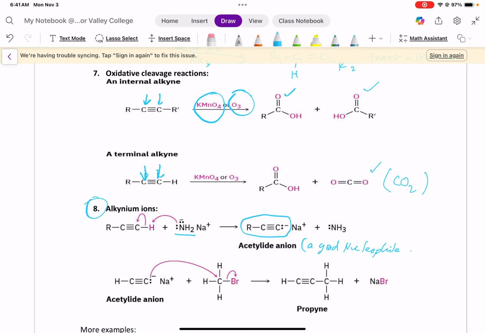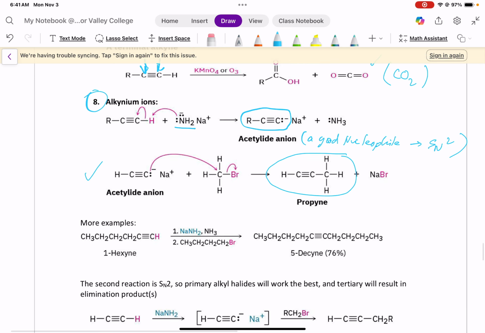A good nucleophile means SN2. And here we go. SN2, connect to the carbon of the halide, kick the halogen out. So we end up with a larger alkyne.